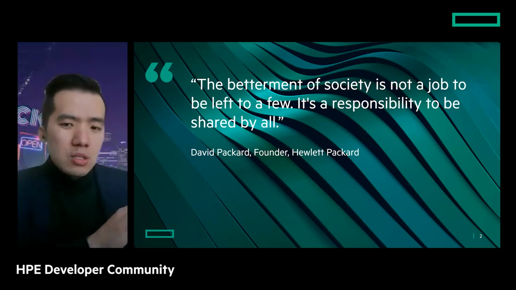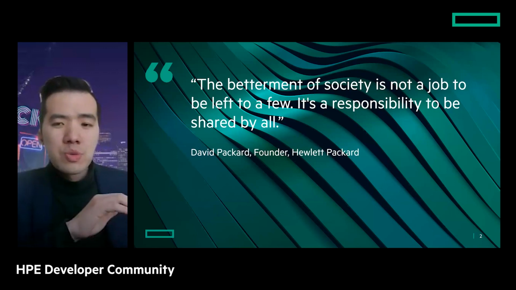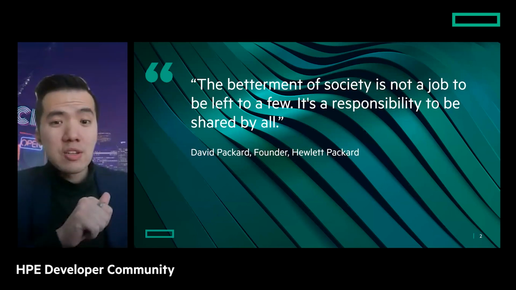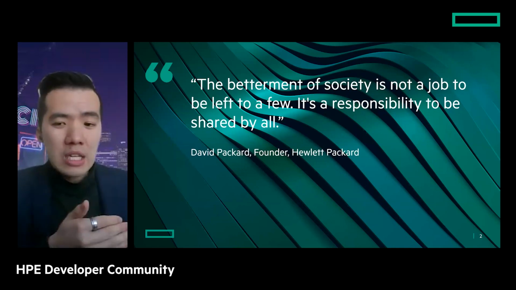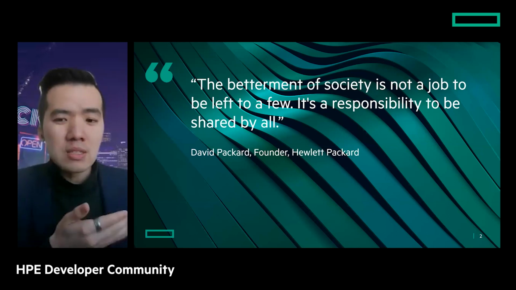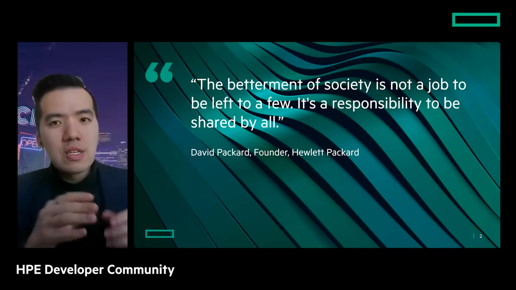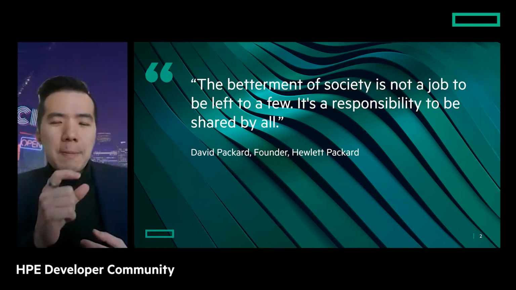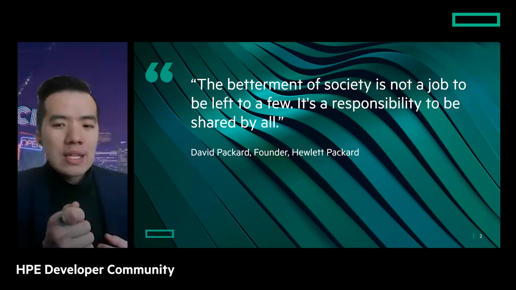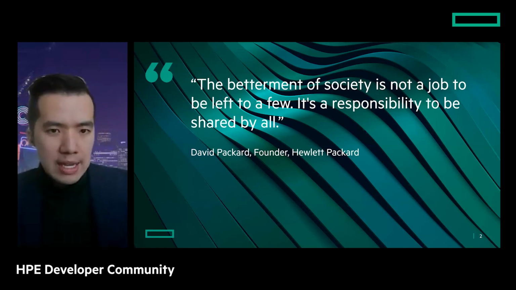And when I take a look at our history as a company, the impact that we've created for our employees, for the environment, for our communities, being a force for good is a key element of our culture that has been baked into the DNA since our founding. It guides our philosophy, our innovation strategy, our operations, and affects the way that we deliver benefit to our customers, the company, and society at large.